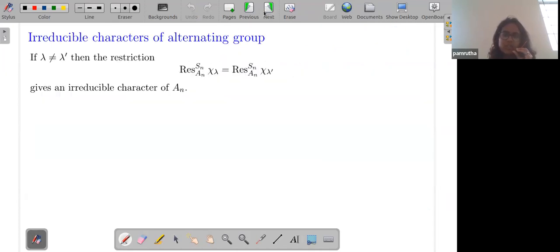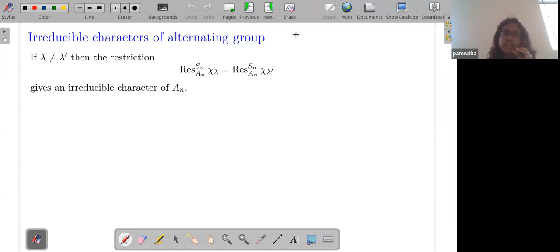Now I am moving on to the case of the alternating group. Let me first help you understand how the irreducible characters are given. In the case of the alternating group, we study the irreducible characters from those of the symmetric group. We will consider two cases. First, where lambda is not equal to lambda prime, that is, where lambda and its conjugate are different.